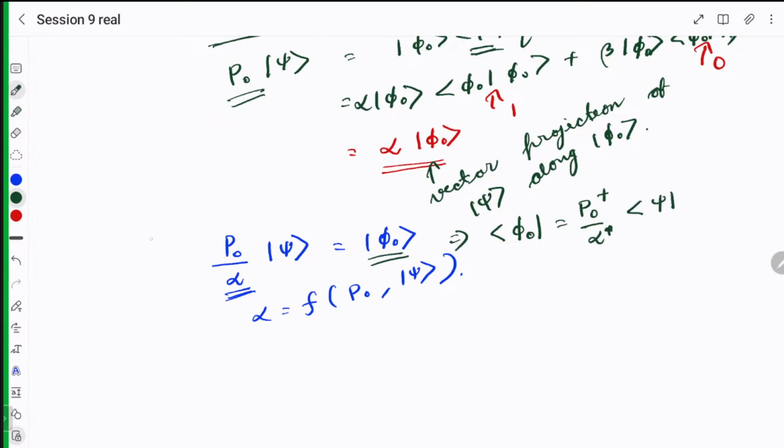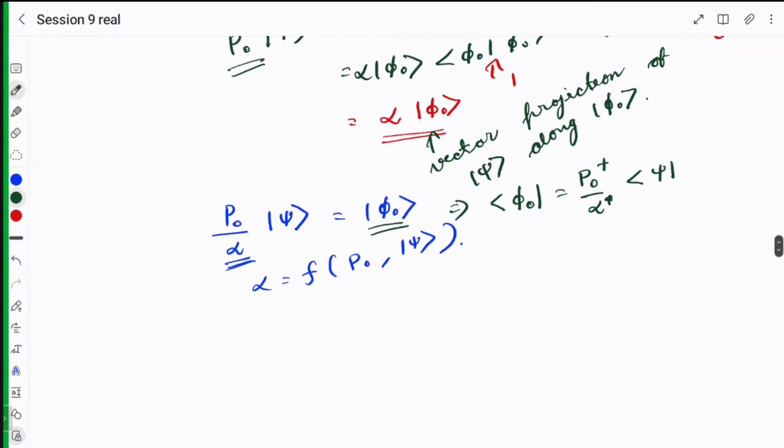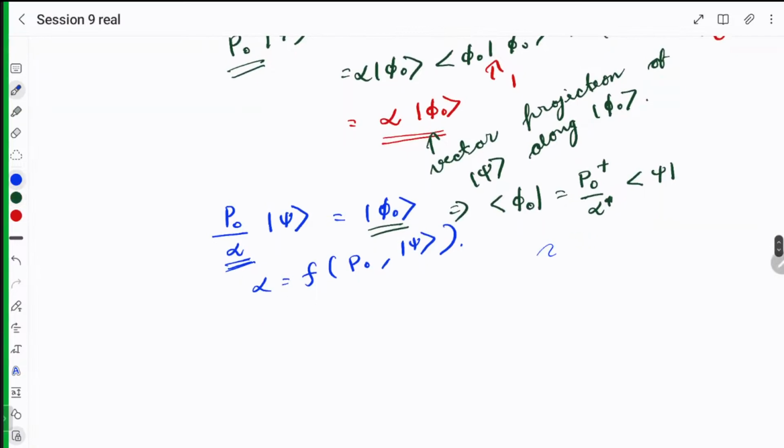So I have taken the dagger on both sides, so basically conjugate and transpose on both sides. Now, if you look at this P naught operator, it looks like phi naught outer product phi naught. So let's use this. Now, if you take P naught dagger here, what will happen?